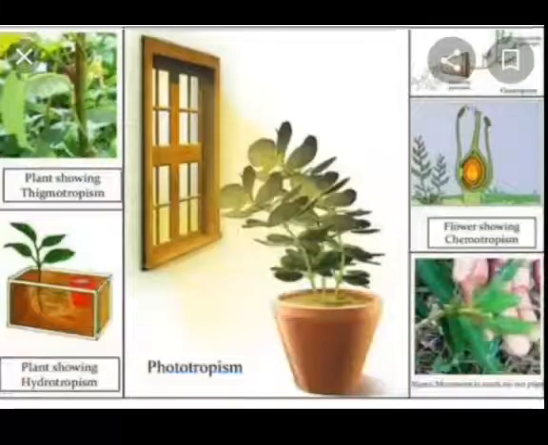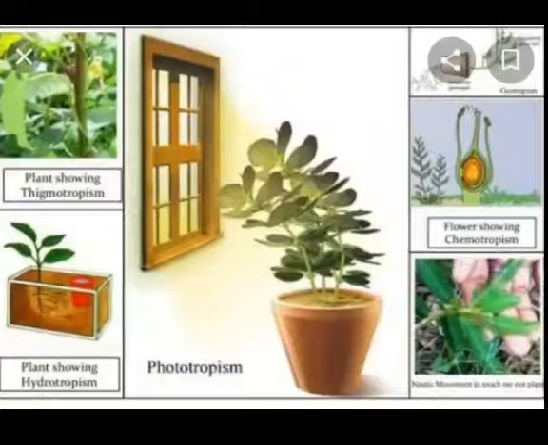Now, coming to our next topic, we will discuss movement in plants. Plants exhibit two types of movements. The first one is growth dependent movement and the second one is non-growth dependent movement.